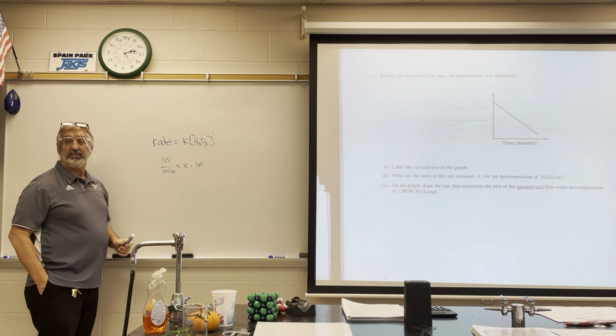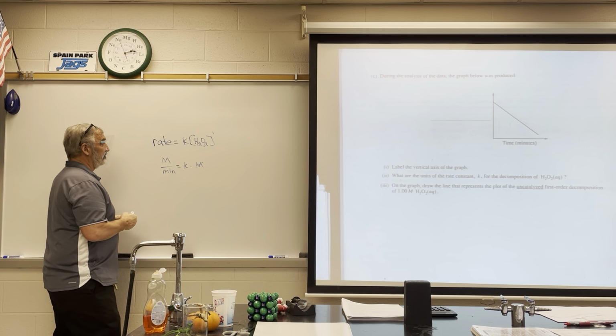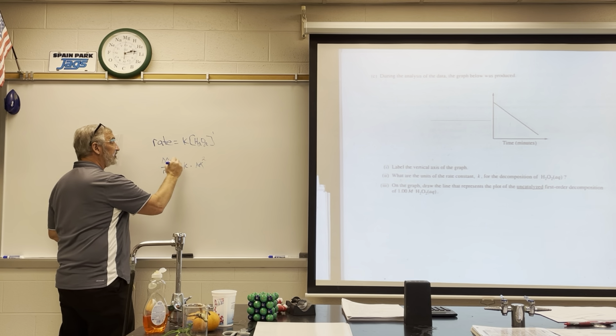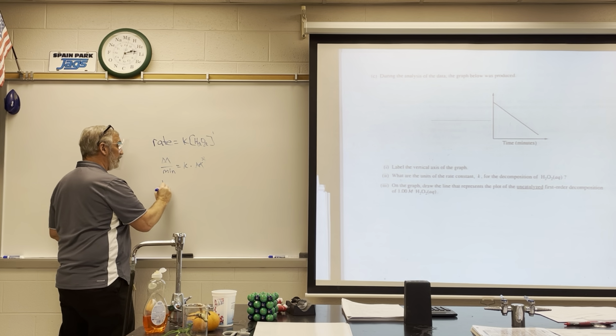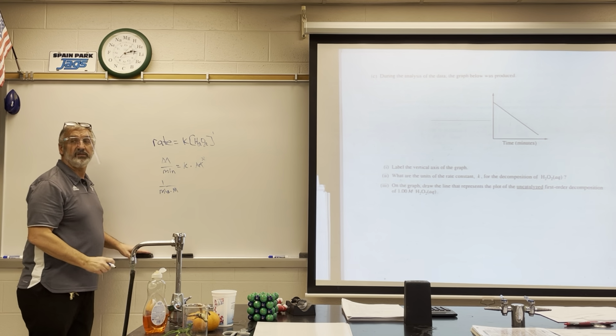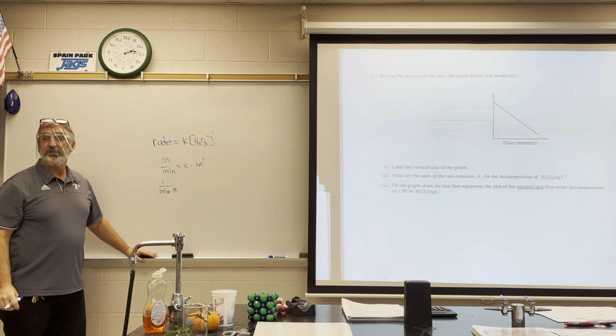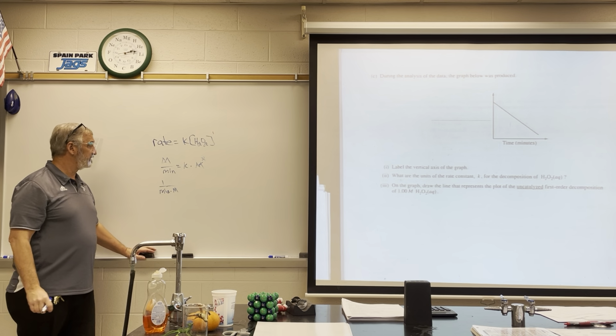If it was second order, would it equal k times M squared? Yes. So then one of the M's is going to cancel out, so it would be 1 over minutes times molarity. But for this one, first order, k equals 1 over minutes.